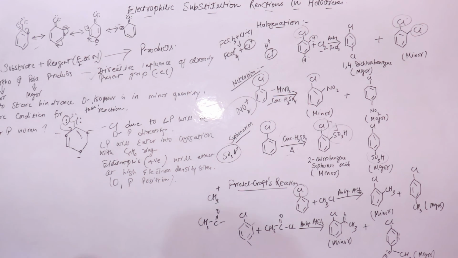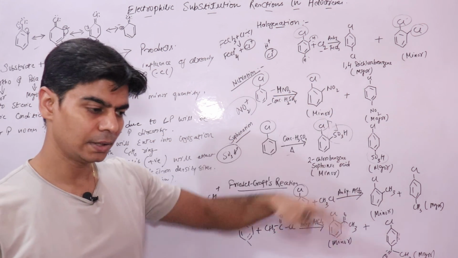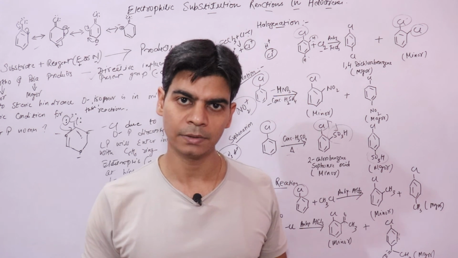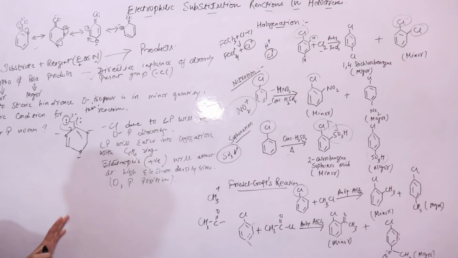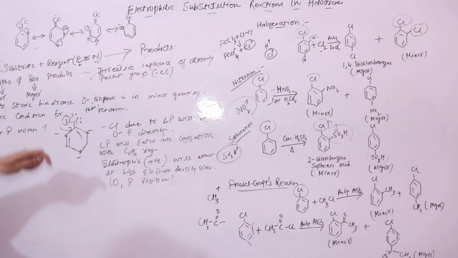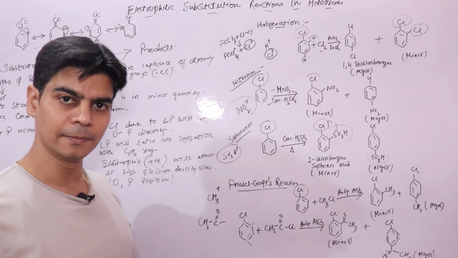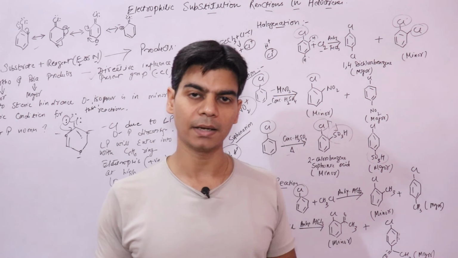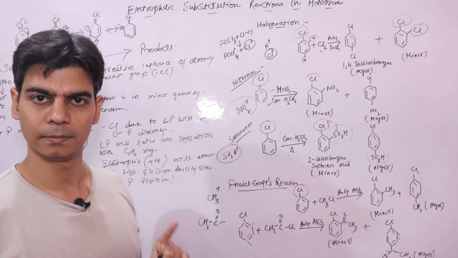That is why the products formed here are ortho and para products. So this is the ortho and para directive influence of the already present group. This Cl group which is already present will decide what position would be taken up by the incoming electrophile, right?